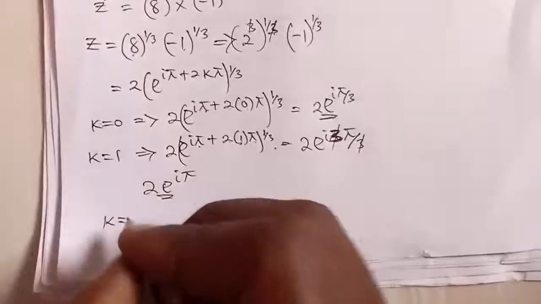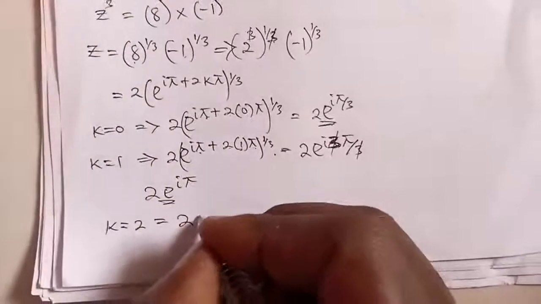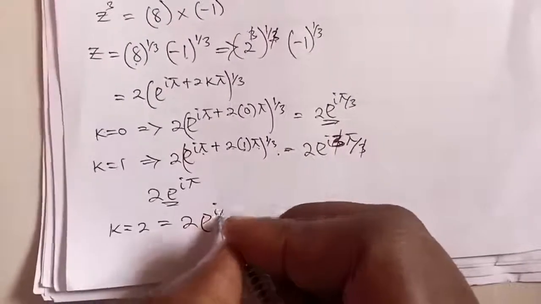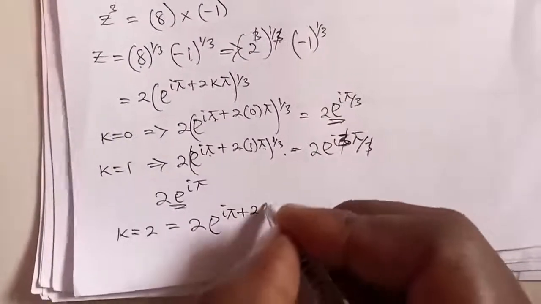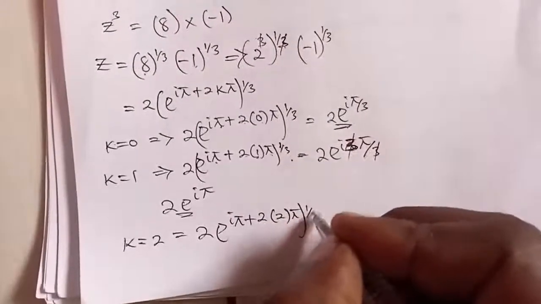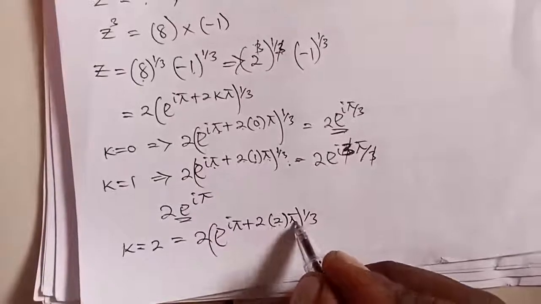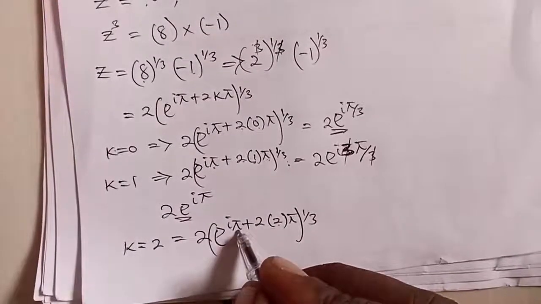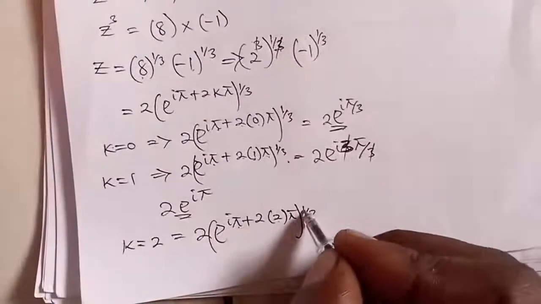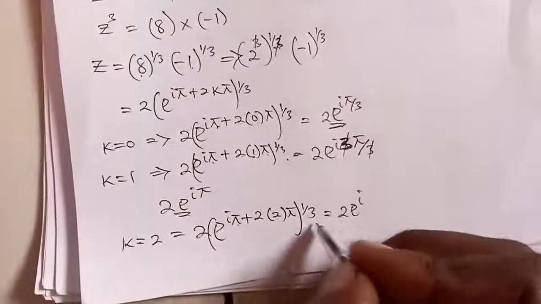So when k is 2, we'll have 2 into e to the i pi plus 2 into 2 pi, raised to power 1 over 3. We're going to have 2 times 2 is 4, 4 times pi is 4 pi, 4 pi plus this pi is 5 pi. 5 pi times 1 is going to give us 5 pi, so 5 pi over 3.